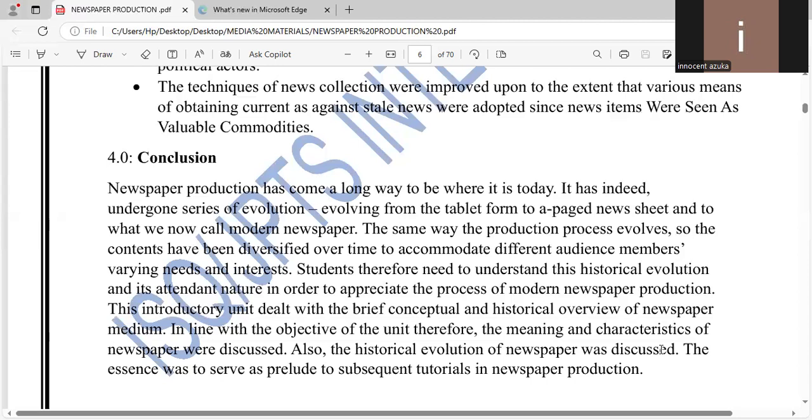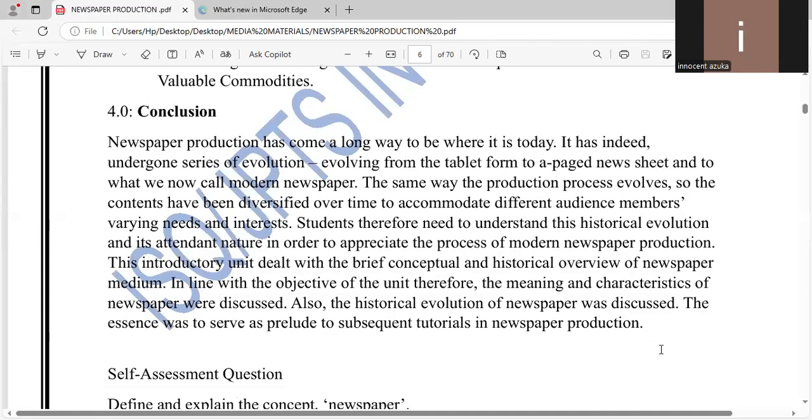The production process, to the extent that it has been diversified over time, accommodates different audience members, varying needs and interests.